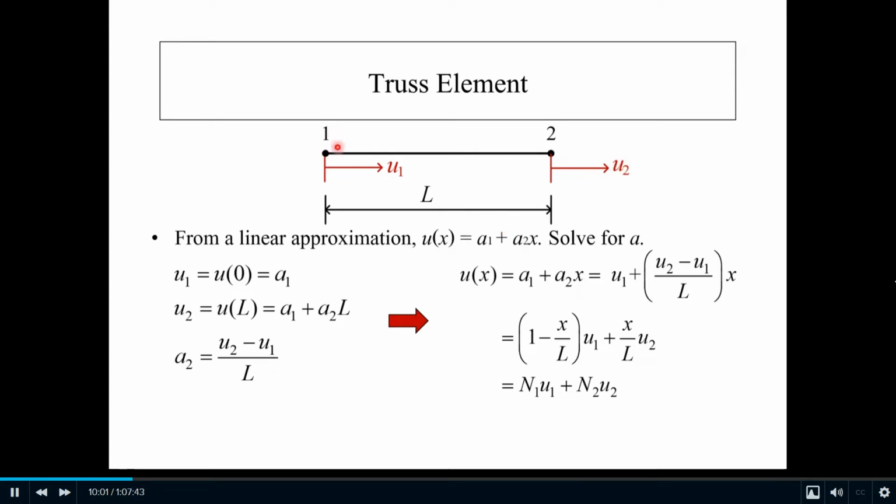At this node, x equals 0. When you put 0 here, you get U at this node, U1, equal to A1. And you put x equal to L here, so U at this node, U2, equals A1 plus A2L.